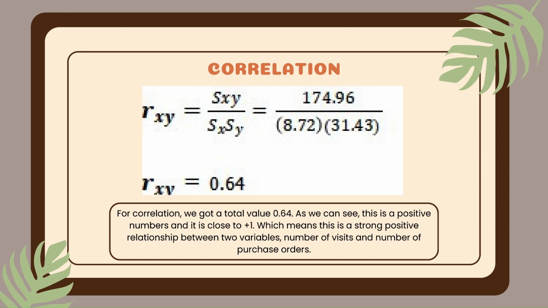So the correlation is 0.64. As we can see, this is a positive number and it is close to positive 1, which means this is a strong positive relationship between two variables, number of visits and number of purchase orders.